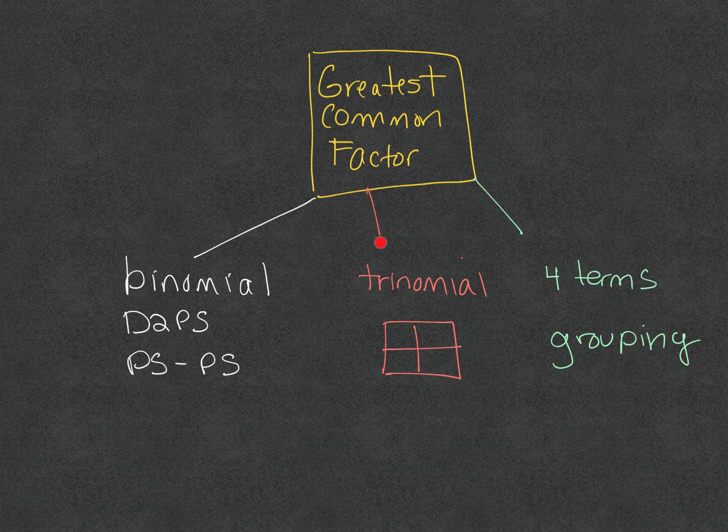If we looked and inspected and saw that we had a trinomial, 3 terms, we would then look at using the box method. And we talked about 2 different types of trinomials, one where the a value was equal to 1 and one where the a value isn't equal to 1. And then our last one here that we looked at is if we had 4 terms, we would do grouping.